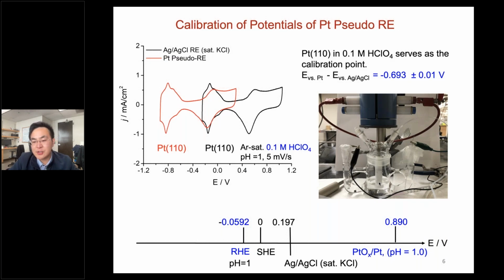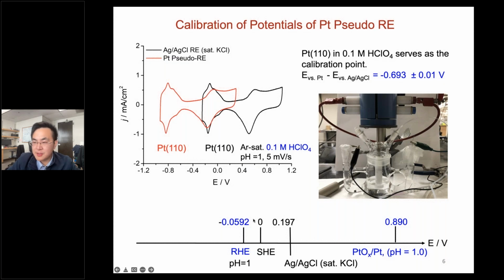So we simplify the reaction. In this case, because we're using an H cell, we can minimize the effect of the working electrode on the stability of the reference electrode. Over here, you are seeing that we are shifting the entire curve from when we use silver chloride, the standard reference electrode, to the platinum pseudo reference as a platinum wire. So you see the difference, and in this case we can work out the potential difference between platinum and silver chloride.